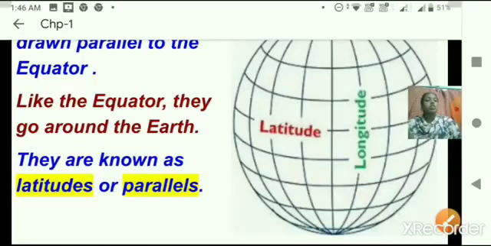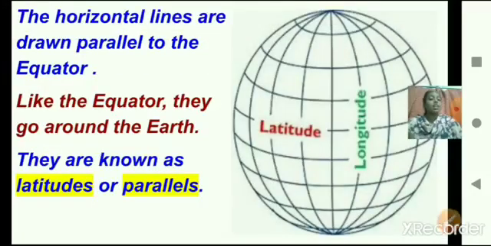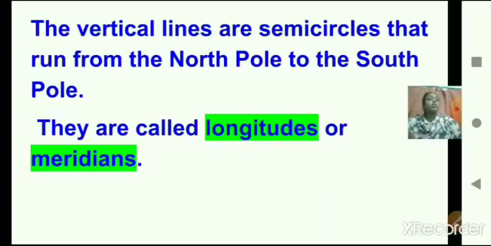So horizontal lines are called latitudes or parallels, whereas vertical lines are called longitudes or meridians.